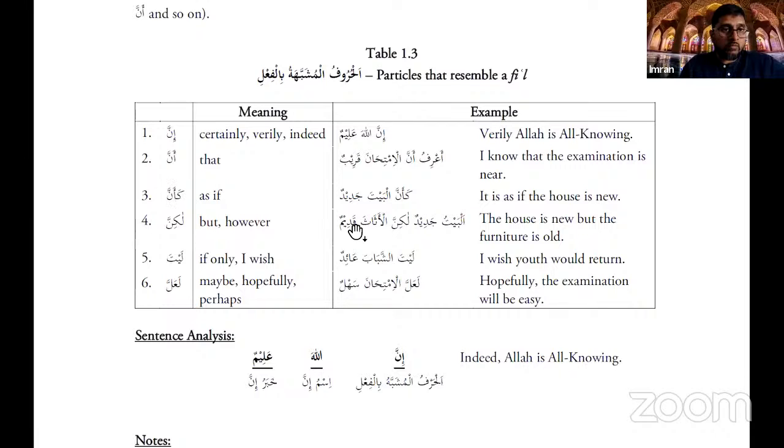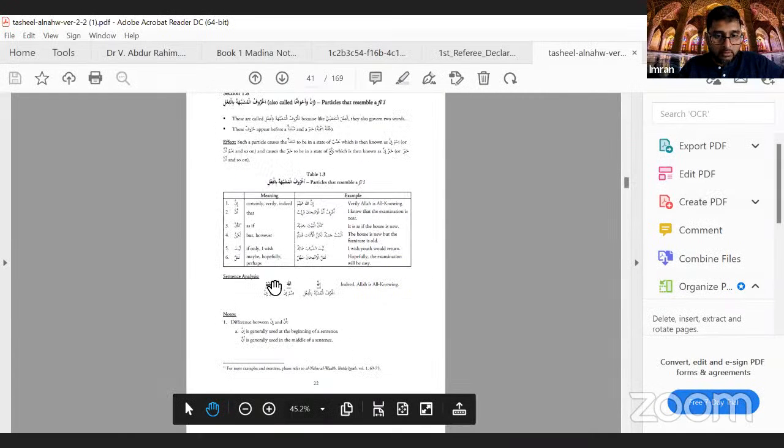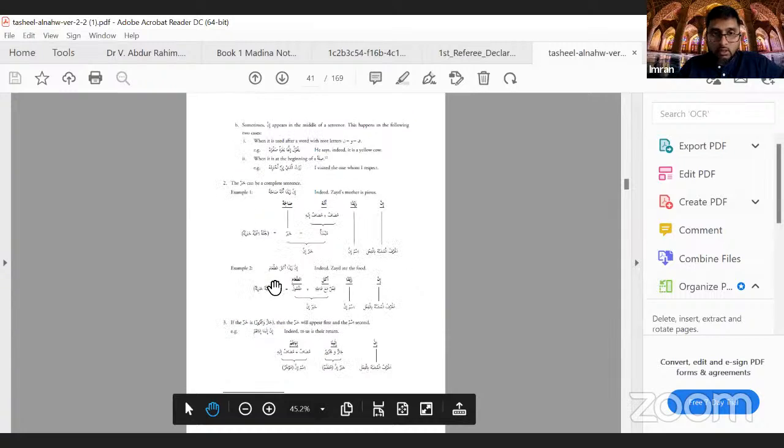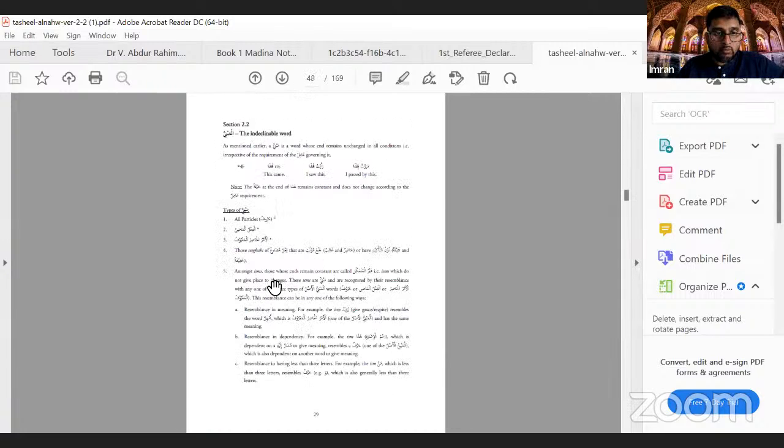I'm going to actually use this, rather than go to the Quran. This is page number 22.